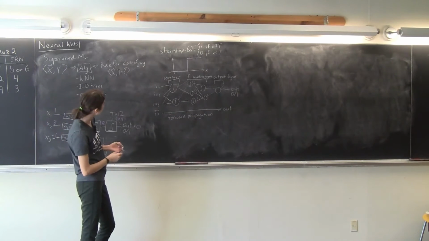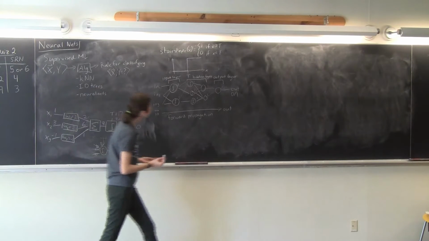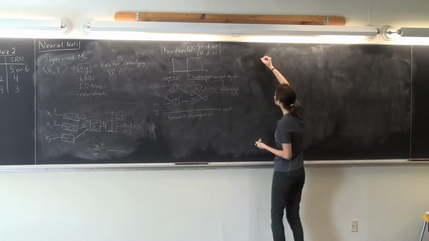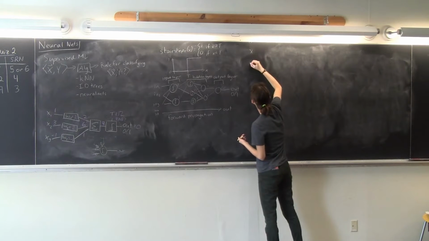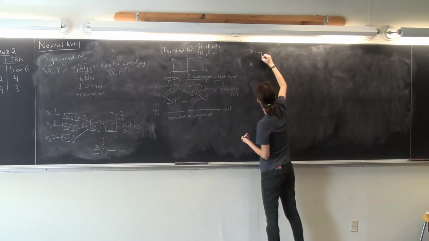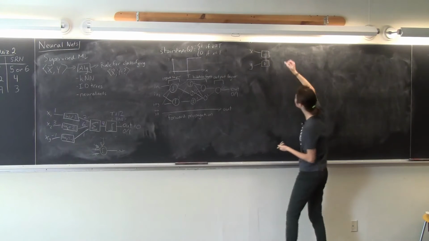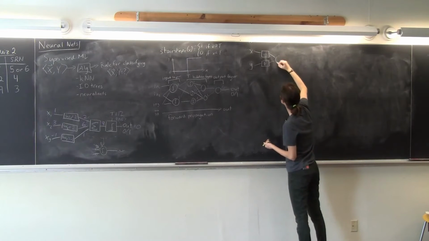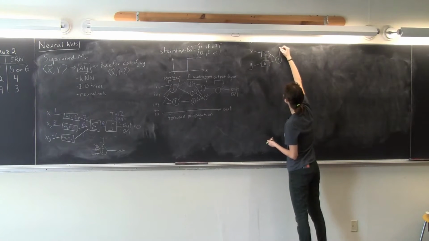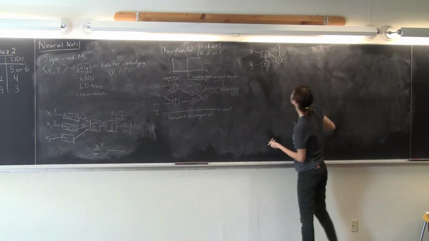So now let's see what we can do with a single neuron. Let's say that we have 2 inputs, x and y, with weights a and b. And those go into a neuron with some threshold t.